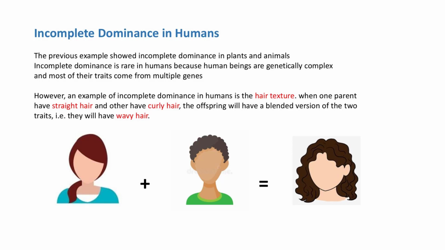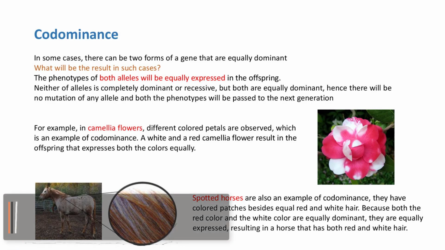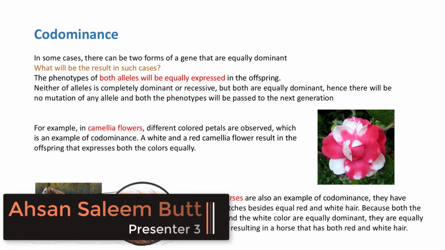If one parent has curly hair and the other has straight hair, the offspring will have wavy hair, which is an intermediate form of the two parental hair textures. We saw that in incomplete dominance, a third phenotype is expressed in the offspring, that is a blend of the two parental phenotypes.